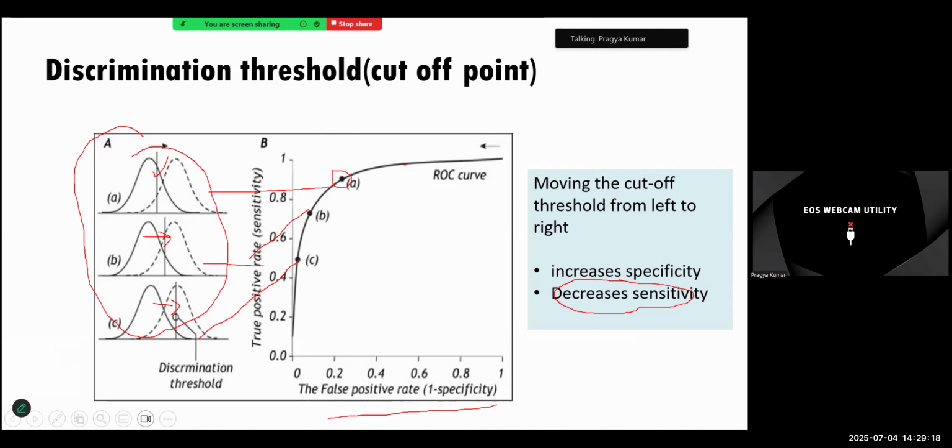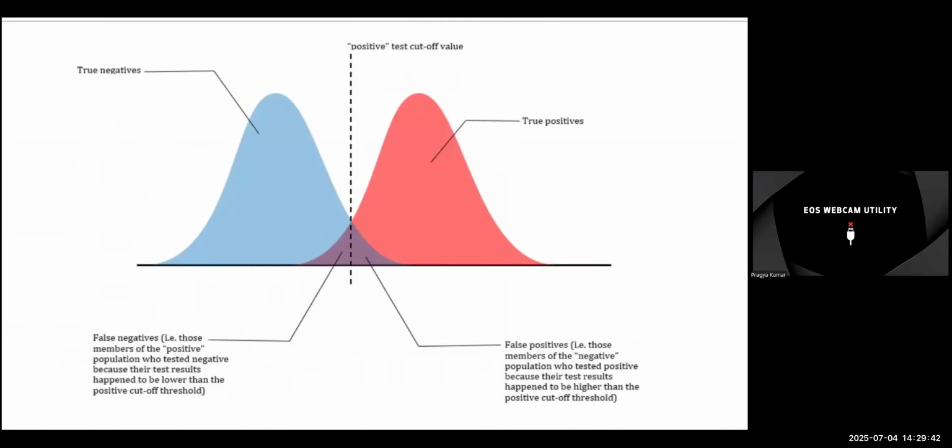So there is a decrease in sensitivity and there is an increase in specificity, because if you come down here, there is a decrease in 1 minus specificity also, but there will be an increase in specificity. So, as I said, they are inversely related to each other. If sensitivity decreases, your specificity increases, and vice versa.